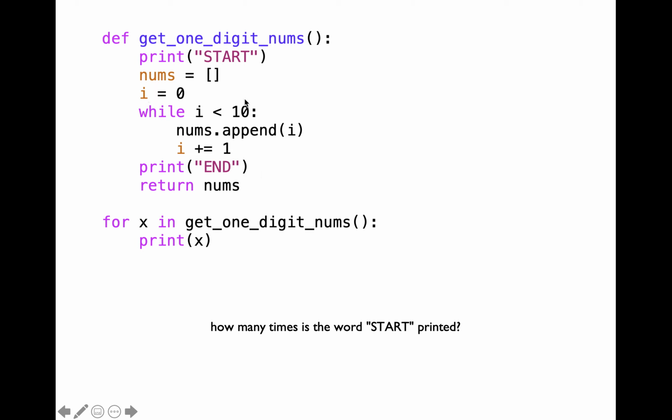So I'm going to run this while loop from 0 through 9, correct? What am I doing inside the while loop? I'm just appending the value of i into the list nums over here. Then I'll be printing end and I'll be returning nums, which is going to be a list which contains the items 0 through 9. So you can imagine that in place of this function call, you have that list which you're going to iterate over in your for loop.